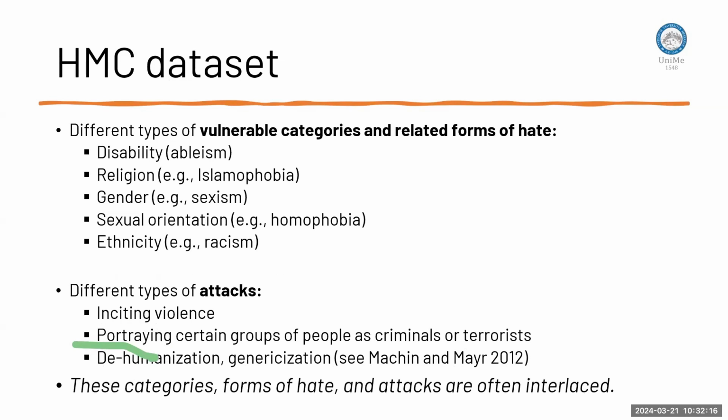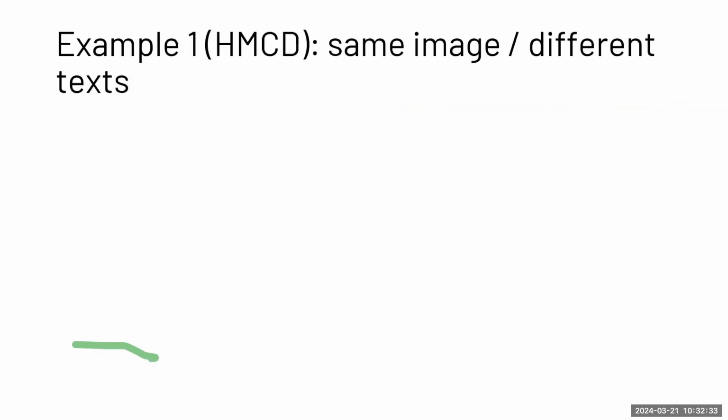But here, I'd like to draw your attention to the fact that in many cases these categories or these forms of hate and attack are often interlaced. So it's not always easy to understand which form of attack and which group of people are the target.